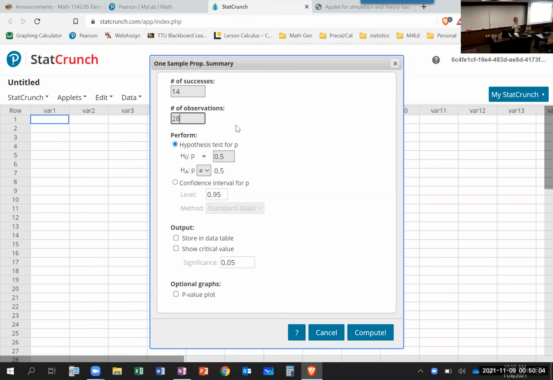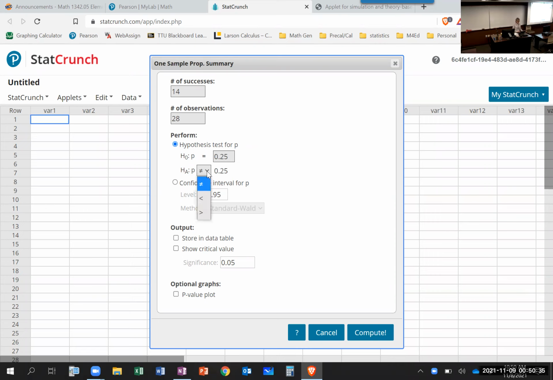And this time, we're going to actually use our hypothesis test for P. When we write our hypothesis test down here, our P was equal to 0.25.